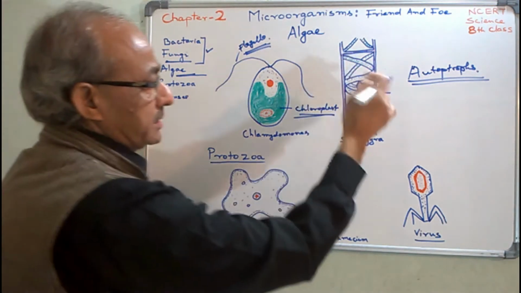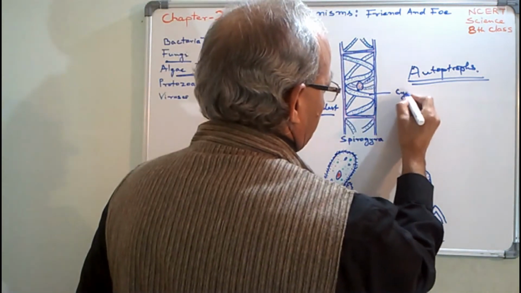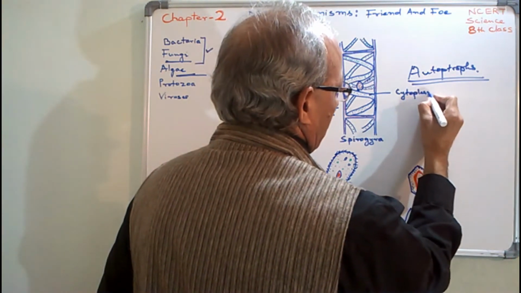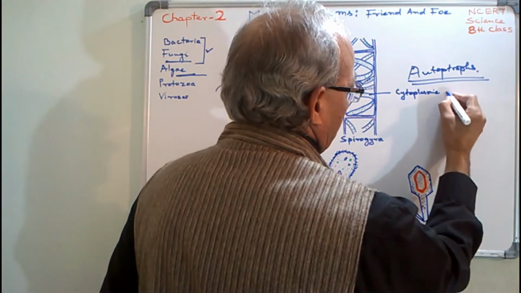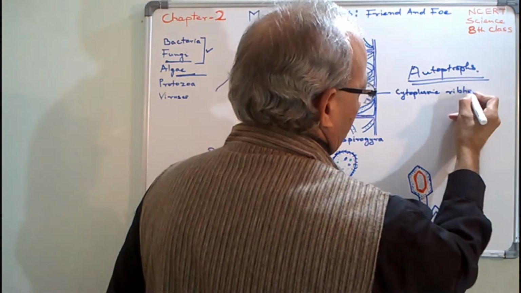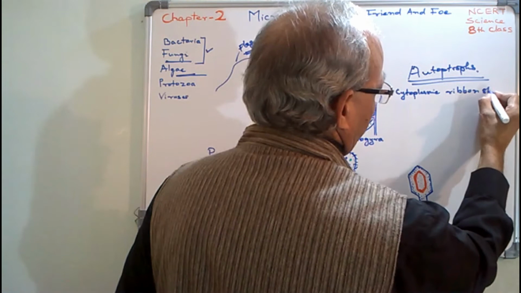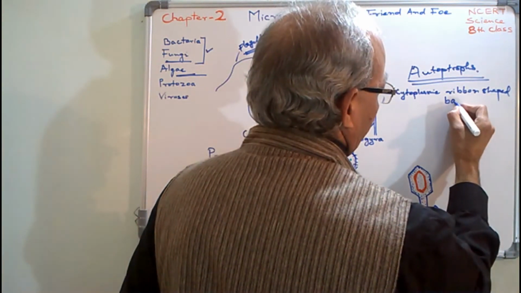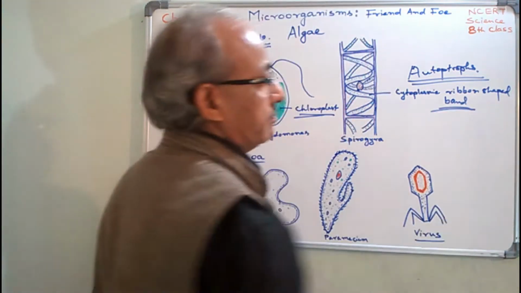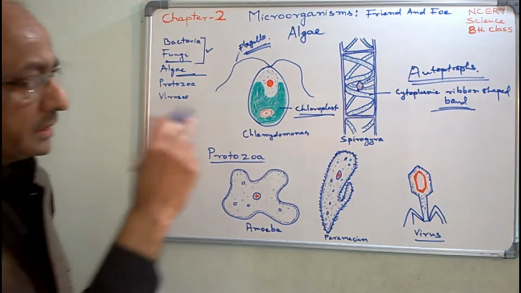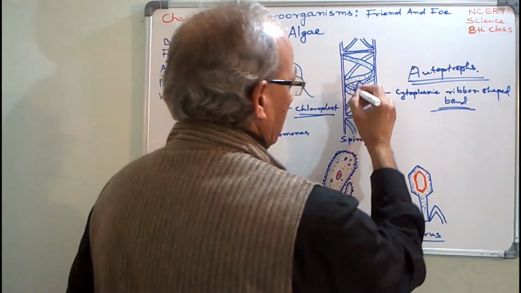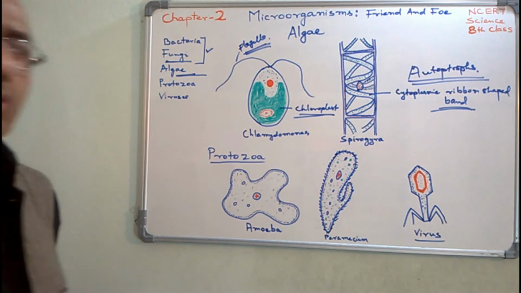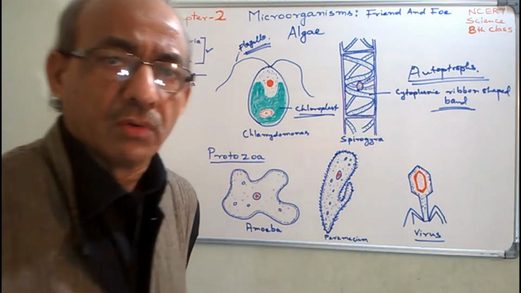These are ribbon-shaped cytoplasmic strands, bands or strips. On these cytoplasmic strands, there are a number of chloroplasts, and in chloroplast, chlorophylls are found.